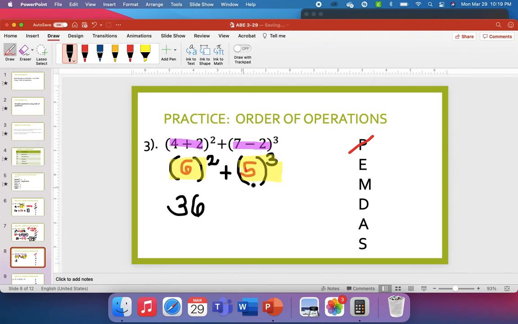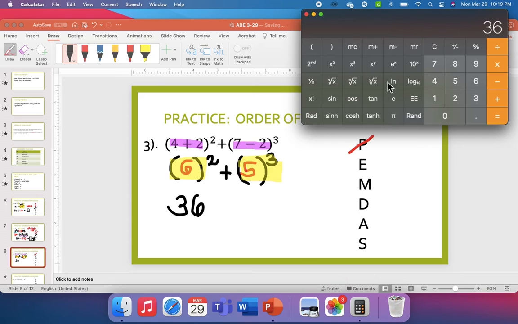Okay. Next, I'm going to simplify what 5 to the third power is. Again, you can hit 5 times 5 times 5, or we can use our calculator and hit 5, x to the y power, hit 3, and that's going to equal 125. Okay.